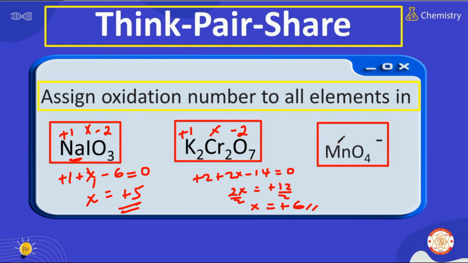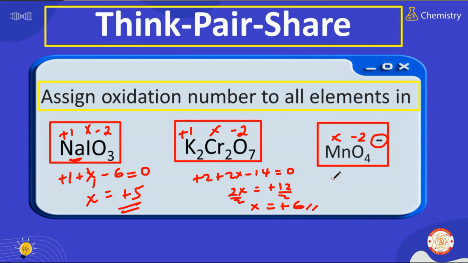Alright, now I'm going to assign the oxidation state of manganese X. And what about the oxidation state of oxygen? It is -2. Remember, this is a polyatomic ion with a charge of -1.